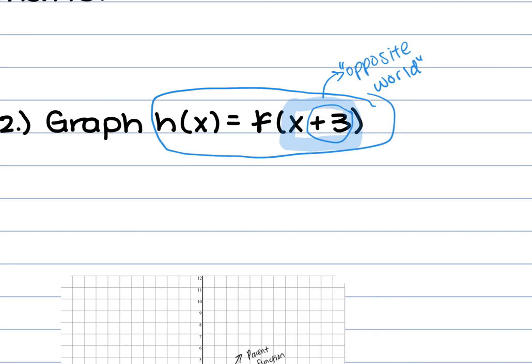So if we were to add 3, we know that this is a horizontal shift, because if you remember from our core concept, if you're adding something and it's inside those parentheses, it's going to be a horizontal shift.